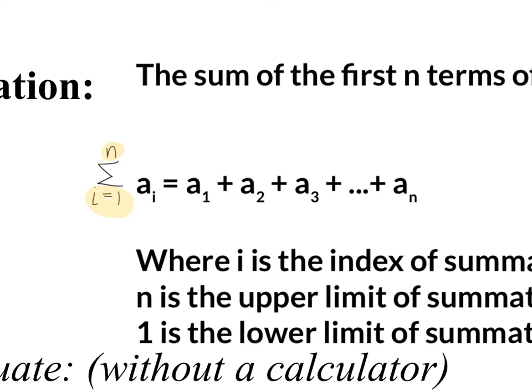What this represents is all the terms of the form a sub i from 1 to n. So we start at a sub 1, and we add to that a sub 2, a sub 3, all the way up to a sub n.